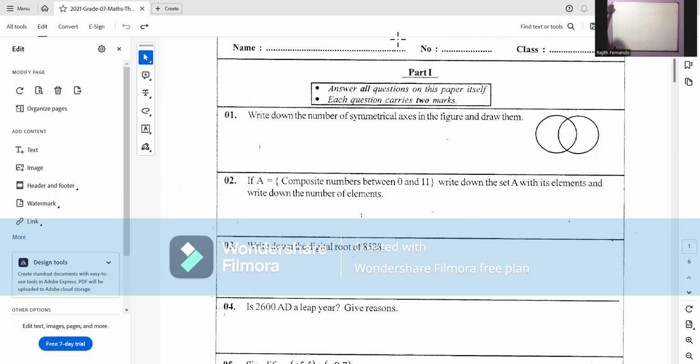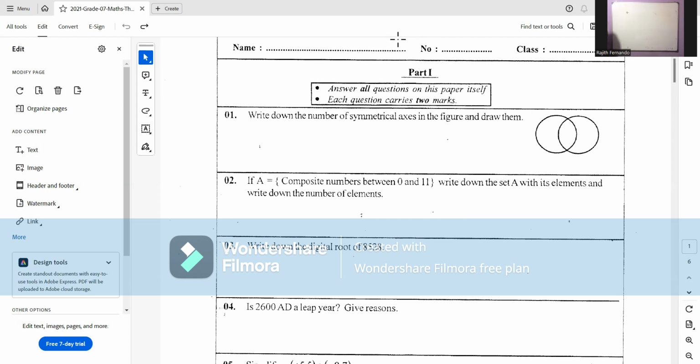The number is created by joining any other numbers together. Then what is the first composite number? The first composite number is 4, right? Why is that? Because 4 is made by 2 multiplied by 2. Therefore, that is a composite number.